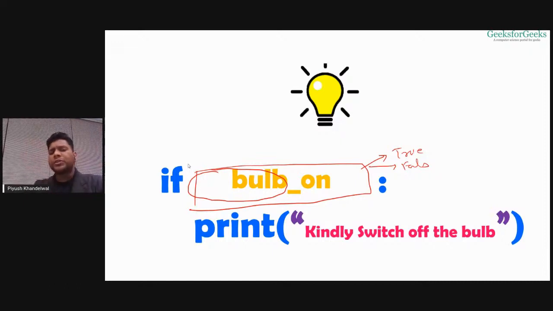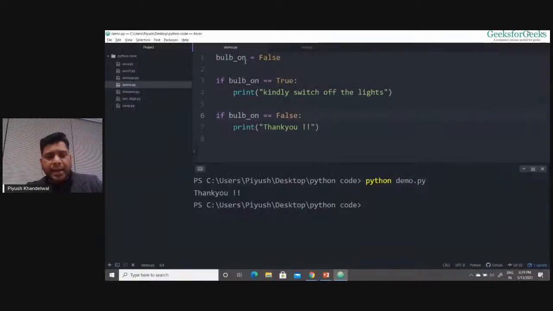If bulb on has value true, this will evaluate to true, which is required by if. If wants a statement which gives true or false. So if bulb on has value true, this statement will be true, and I'll print kindly switch off the bulb, right? So instead of writing bulb on equals true, I can simply write bulb on here.